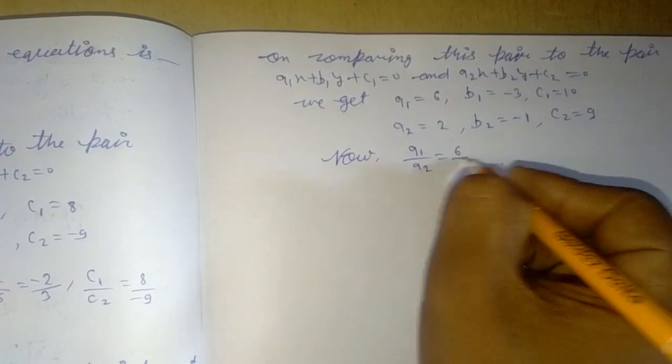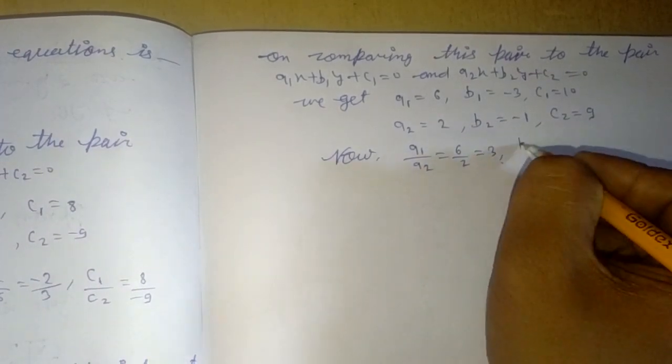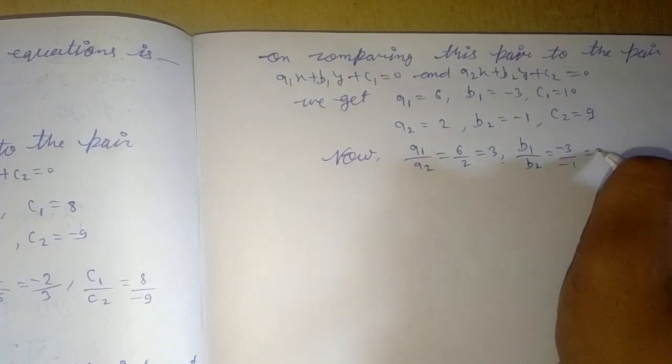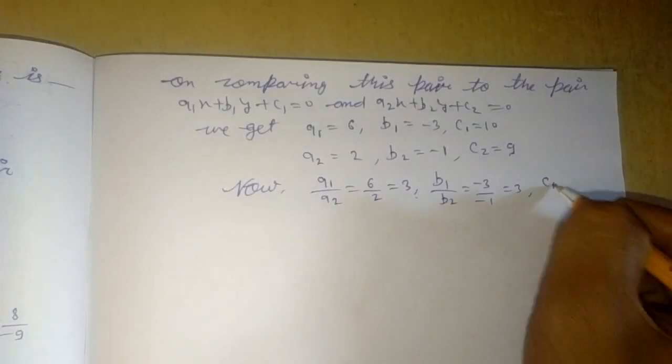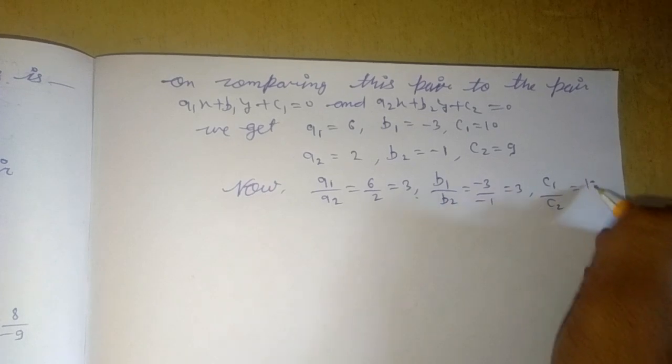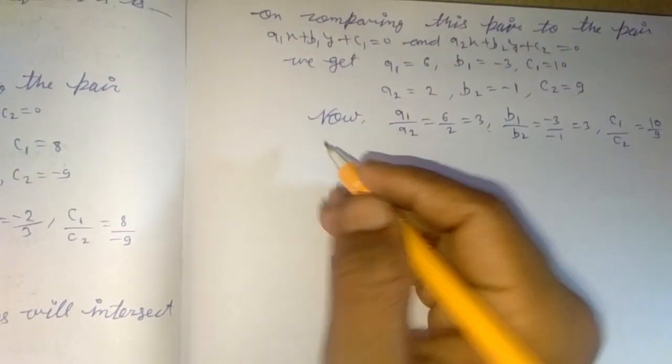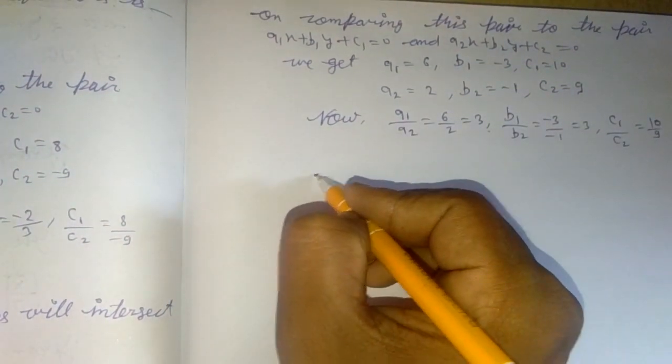a1 upon a2 6 upon 2 is 3, b1 upon b2 3 upon minus 1 is 3, c1 upon c2 10 upon 9. Okay, so we will write next line.